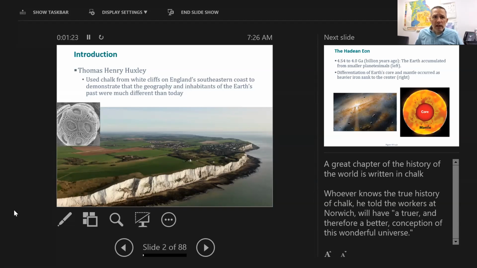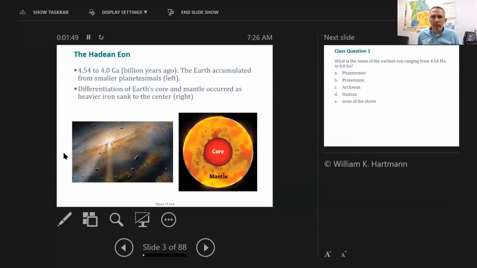If you look at the chalk under a microscope, you might see these rounded organisms, and these organisms aren't around today. So Thomas Huxley had a revelation that life has changed over time, and that was a profound statement to be made at that time.